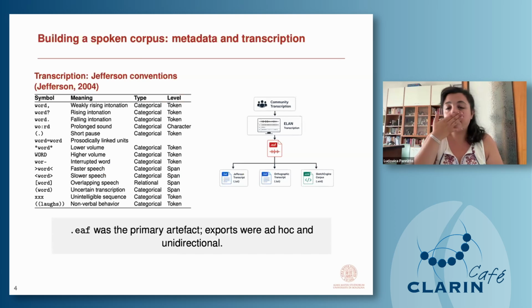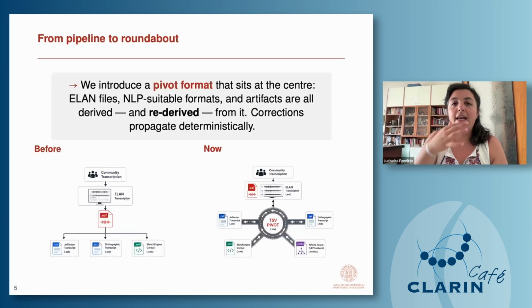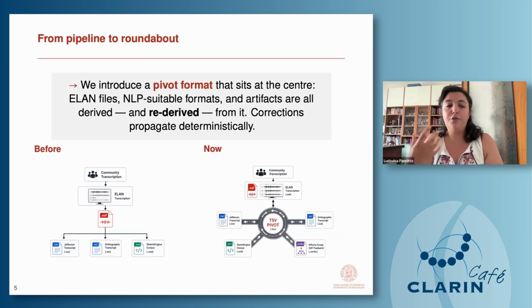So the original pipeline that was followed for creating the corpus, and that is still followed, is many people doing the transcription. Then one reference ELAN file for each conversation is stabilized, and a number of ad hoc artifacts are exported from it. What we were working on is transitioning from this model to what we called a pivot-based model.